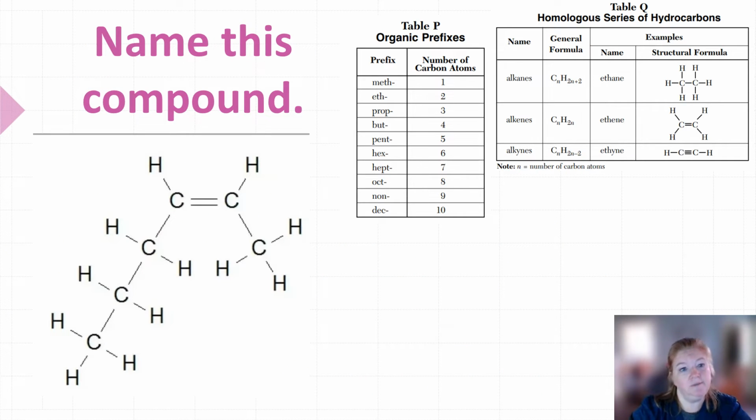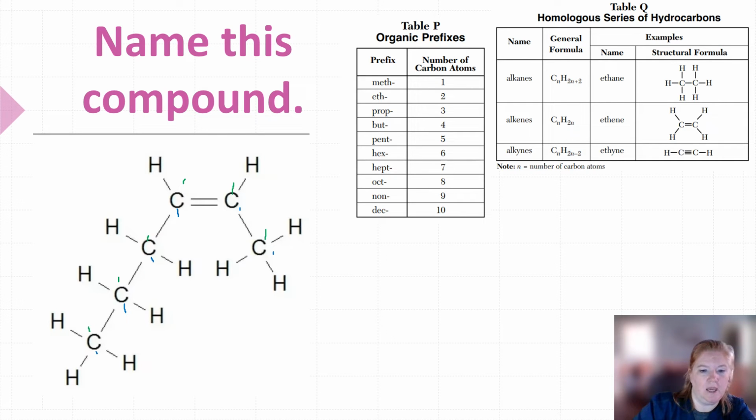Name this compound. All right, so let's look for our carbon chain. I could count 1, 2, 3, 4, 5, 6, or I could count 1, 2, 3, 4, 5, 6. How is it different?